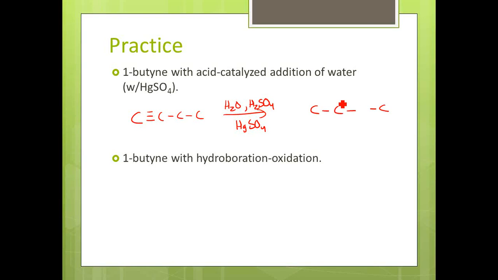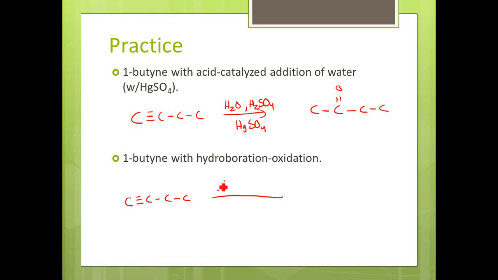I have a terminal alkyne, so it is going to be necessary. Since this turns an alkyne into a keto, we're just going to make the most stable form of that keto. Therefore, the O is going on the more substituted carbon. The other side is just getting a bunch of H's. And I've been leaving them off, so I leave them off here.